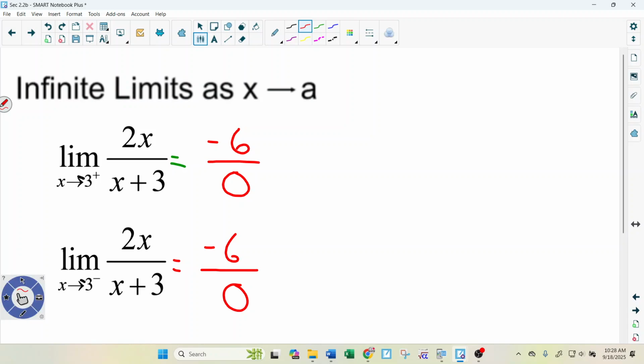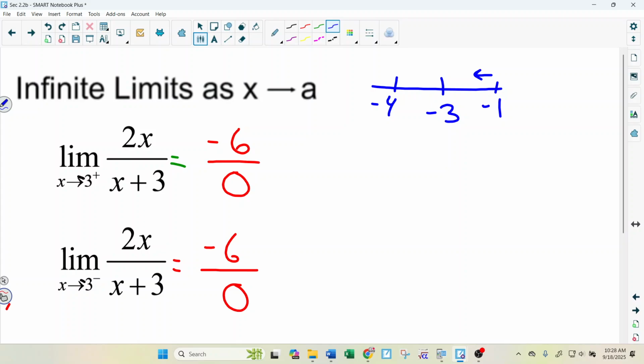Now what about the bottom? Is this 0 on the bottom a positive or negative 0? What you want to think about is negative 3. If you're approaching from the right, think of a number over there. What's to the right of negative 3? Negative 1. Right? Yeah, you could go like negative 2.99 or whatever, but that's more complicated. So just go negative 1. What's the number over here? Negative 4, right?